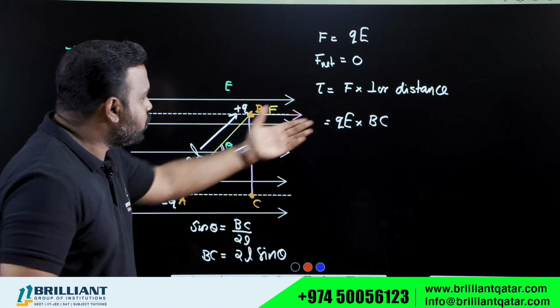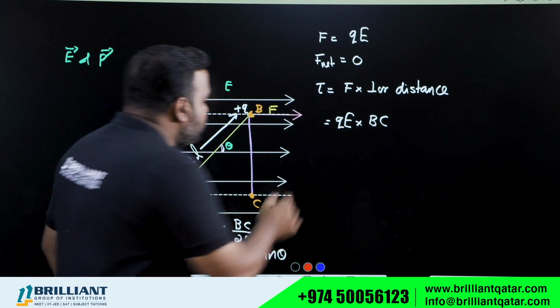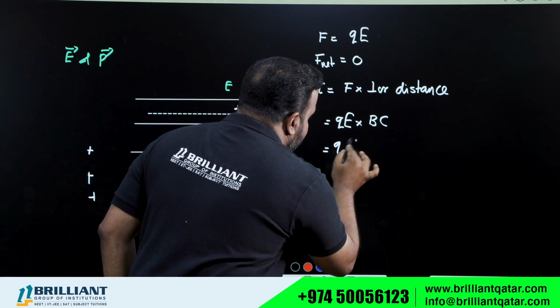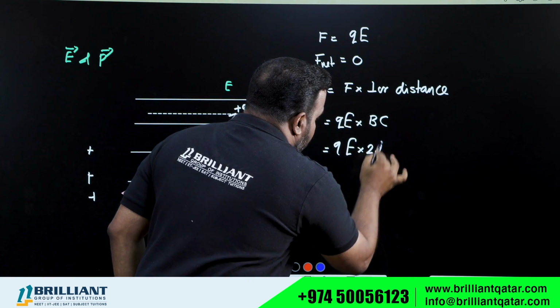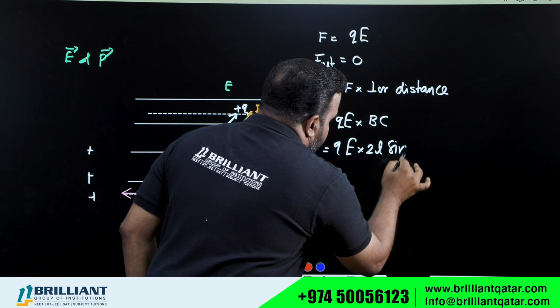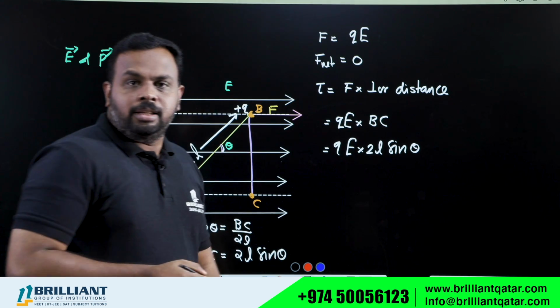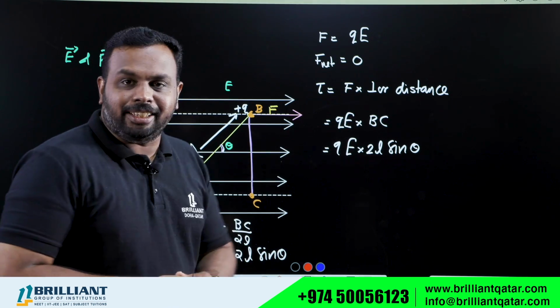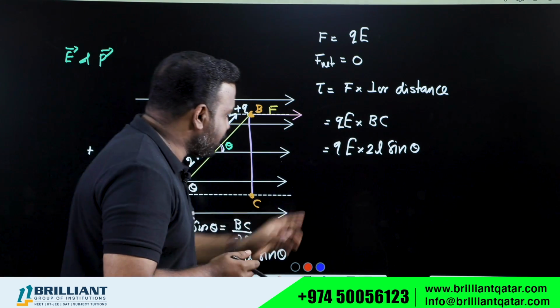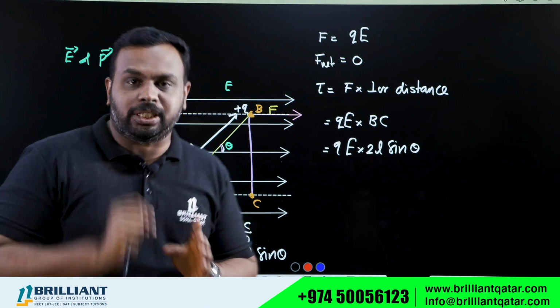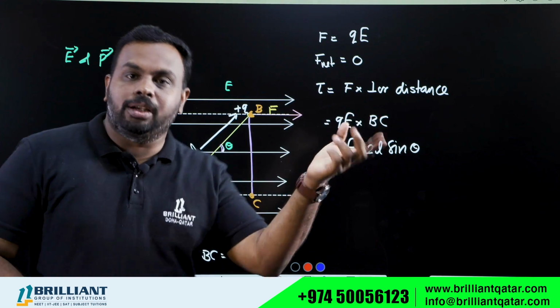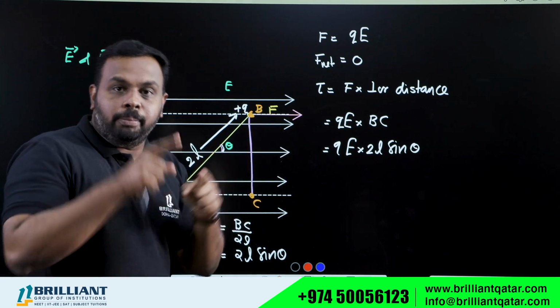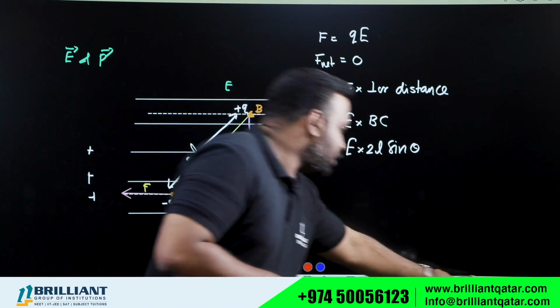Now you can substitute that value of 2L sine theta over there. So it is equal to Q into E into what? 2L sine theta. QE into 2L sine theta. Now you can see another interesting result here. Q. What is Q? Magnitude of charge. Into 2L. What is 2L? Distance between the two charges. Magnitude of charge into distance between the two charges. What is it?